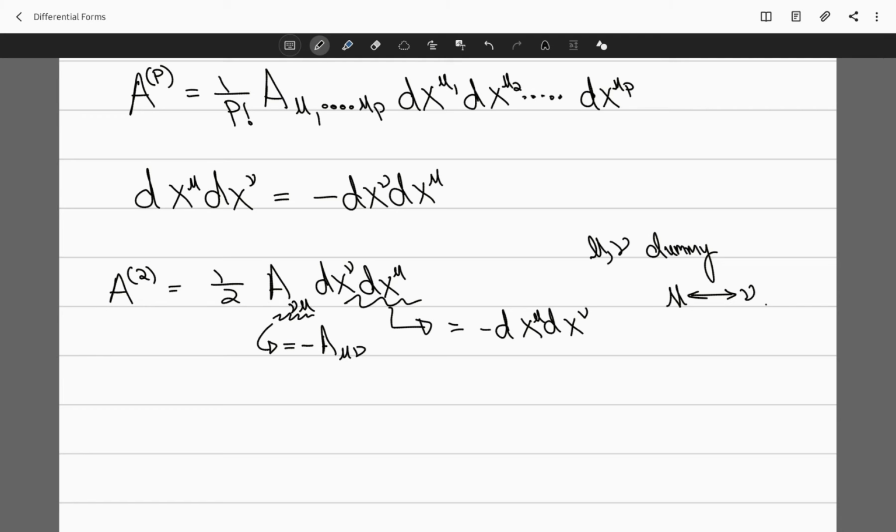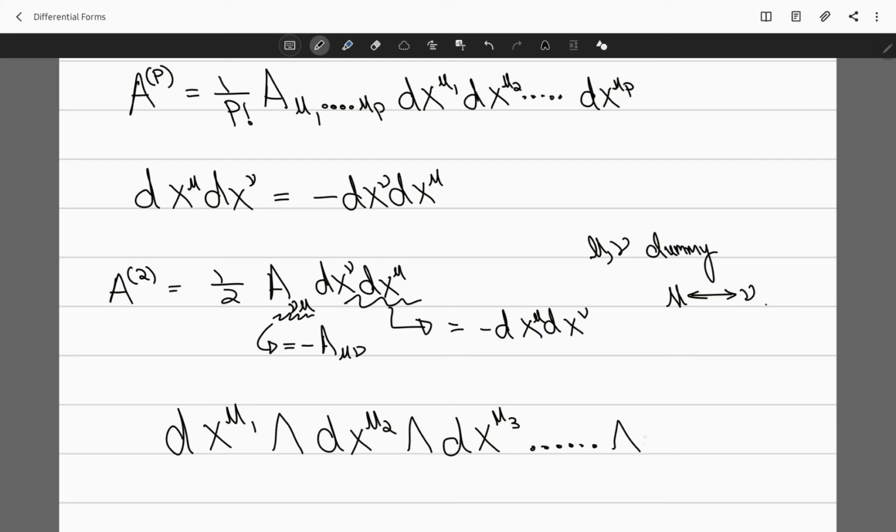Now, in fact, we could consider this thing as dx^{mu1} wedge dx^{mu2} wedge dx^{mu3}, and of course keep wedging them up to dx^{mup}. Here the question is, what is so nice about this set of anti-commuting differentials, right?